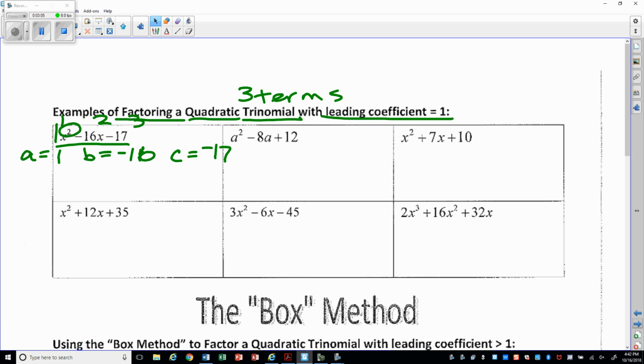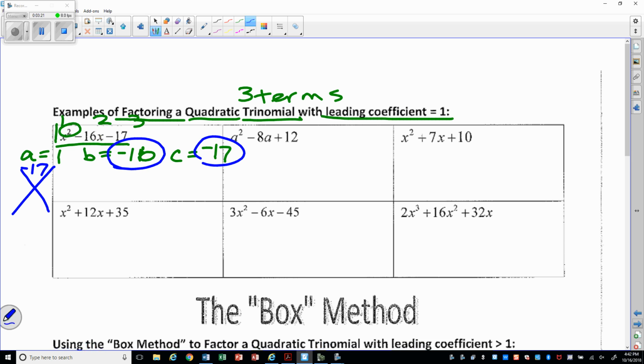It's like a fun game. What I'm trying to think of are 2 numbers that multiply to be negative 17 and add up to be negative 16.